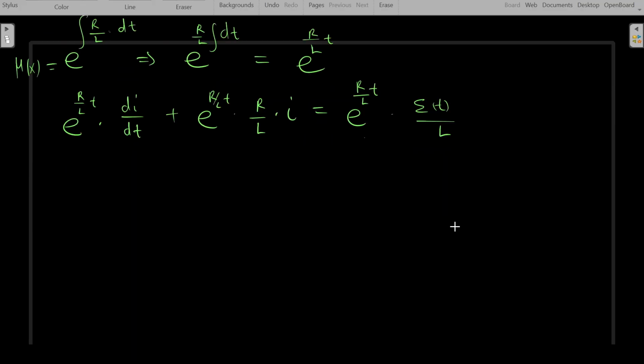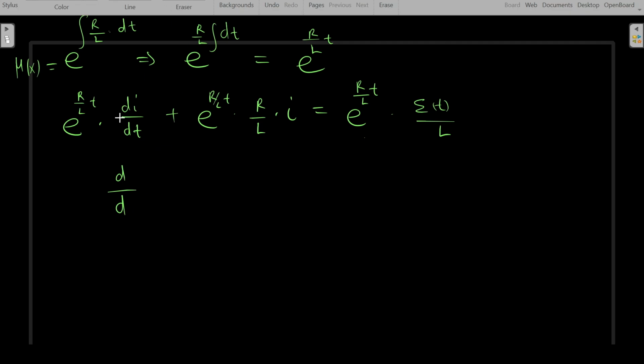So let's perform our integral. You can see this is just d dt, not dx at this point.